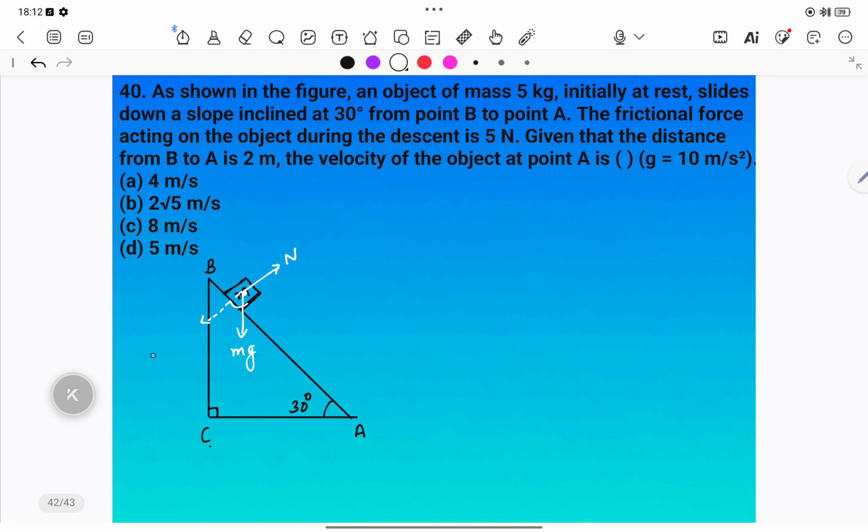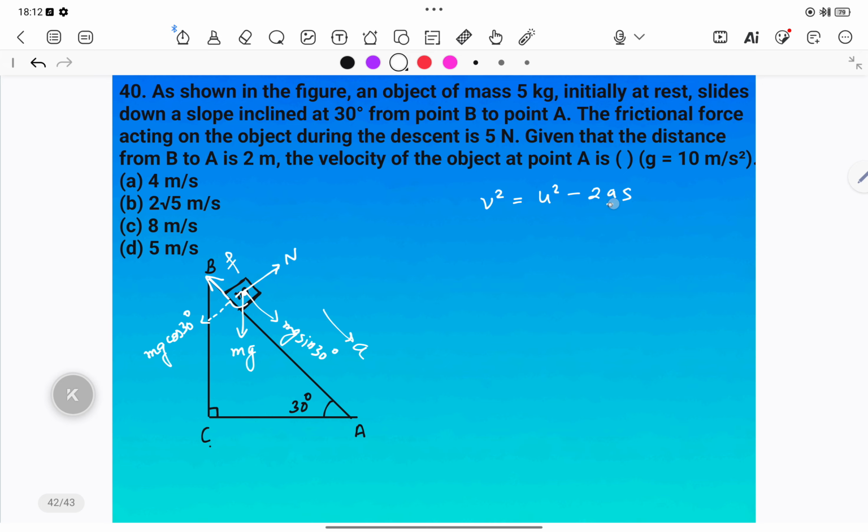So its component will be mg cos 30 degree, and this will become mg sine 30 degree. Since the object is moving in downward direction, the frictional force will be opposite to this. This is the frictional force, and we know that v square is equal to u square minus 2as.